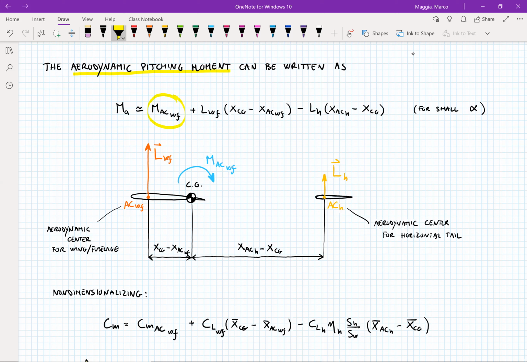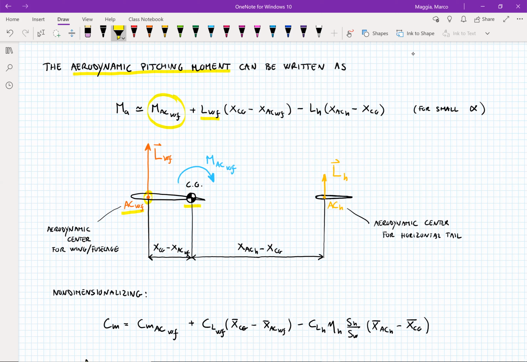And then we have the moment generated because of the lift force generated by the wings and the fuselage. So the moment is, of course, the force times the distance between where the force is applied, which is the aerodynamic center of the wing and the fuselage, and the center of gravity of the aircraft.